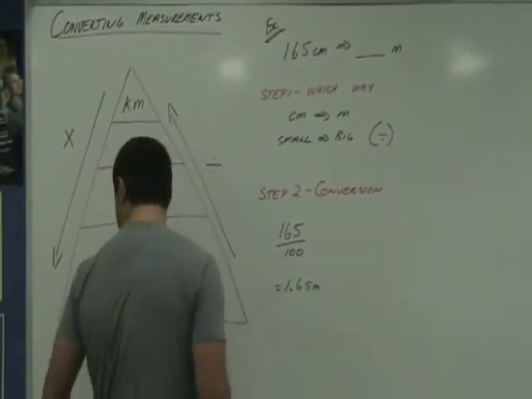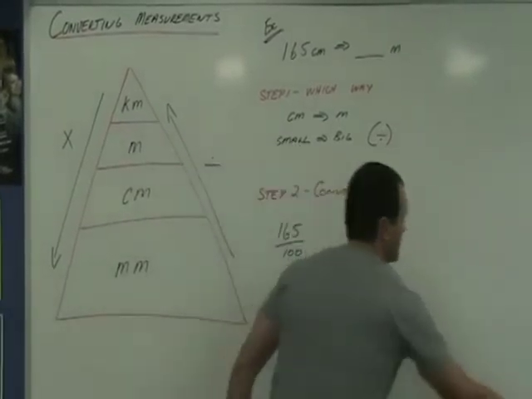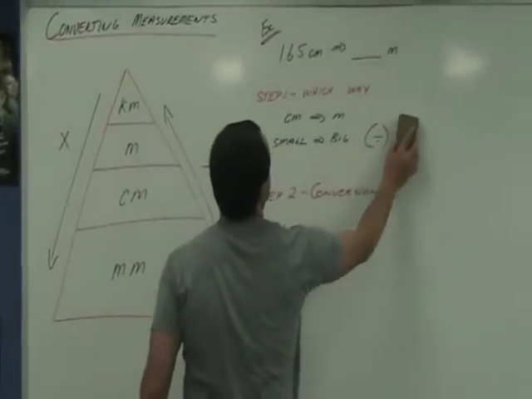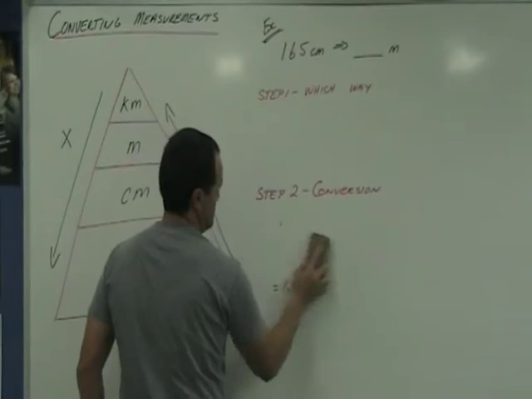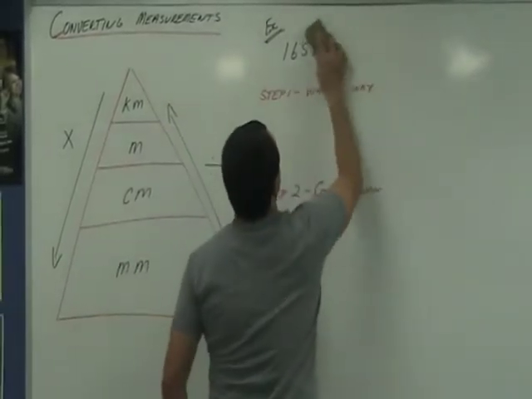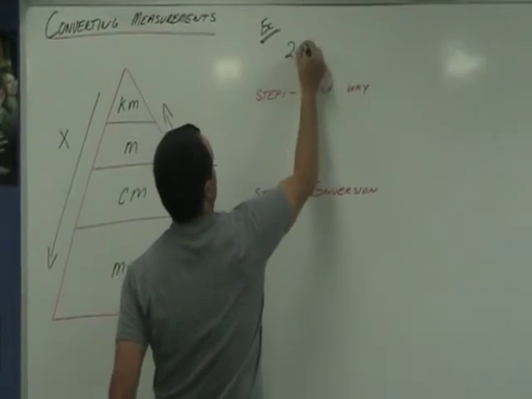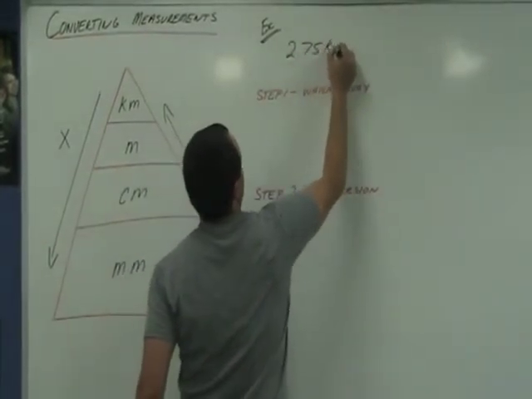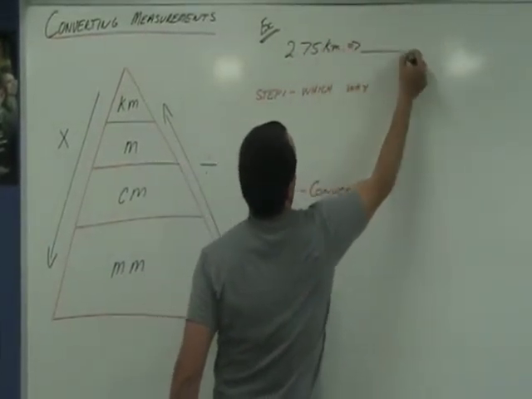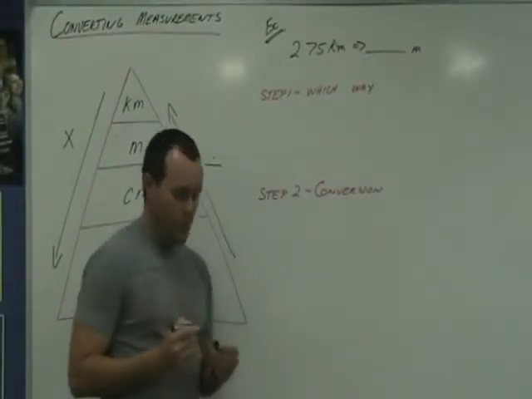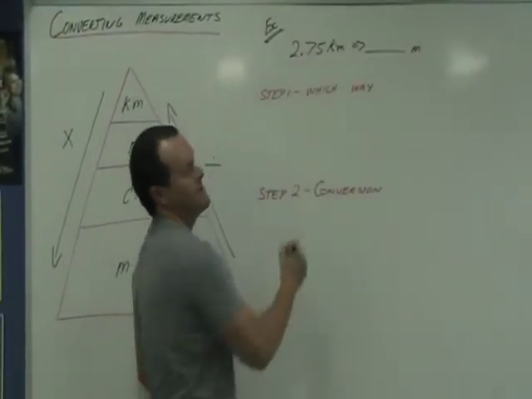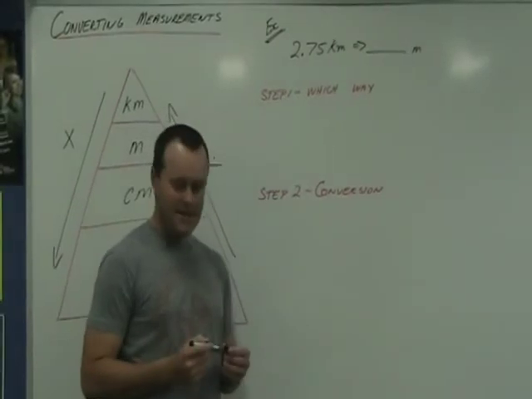Let's look at another quick one. 2.75 kilometres is how many metres?